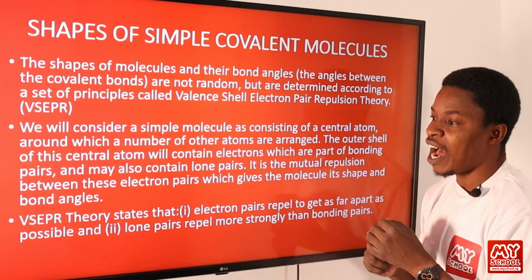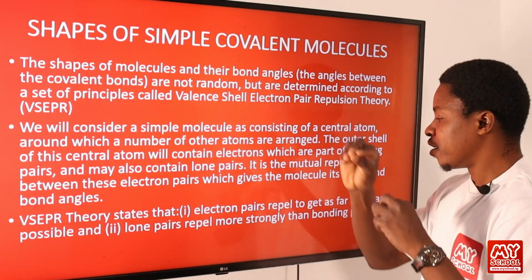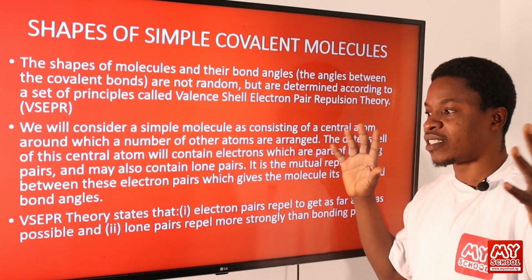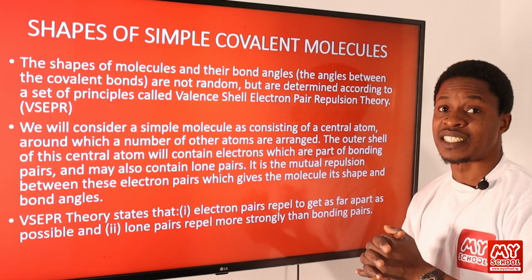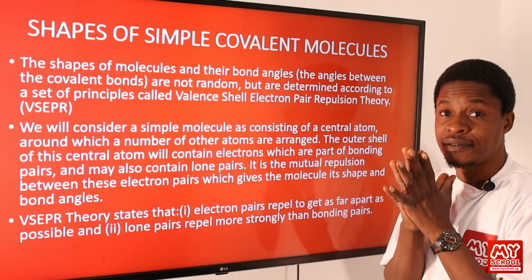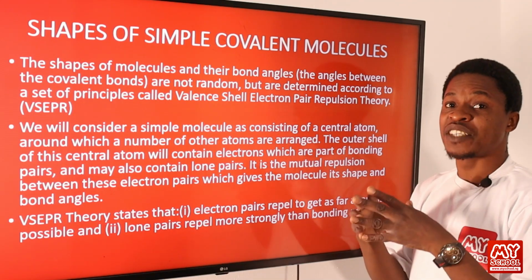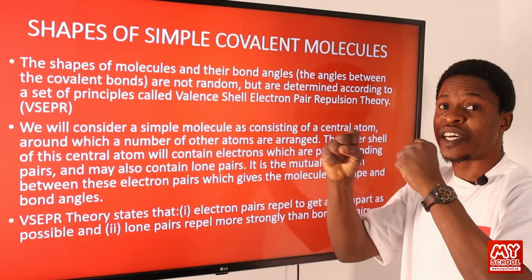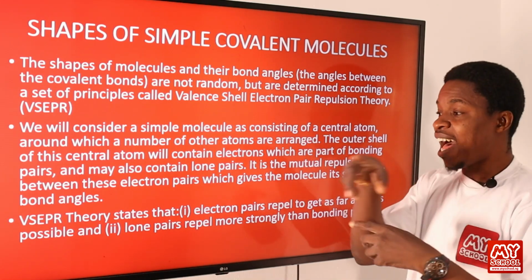The VSEPR theory states that, number one, electron pairs repel to get as far apart as possible. Of course, they have the same charges, and like charges will definitely repel, while unlike charges will attract. Electrons are negatively charged, so they will be repelled. There will be repulsion between these electrons that are around.